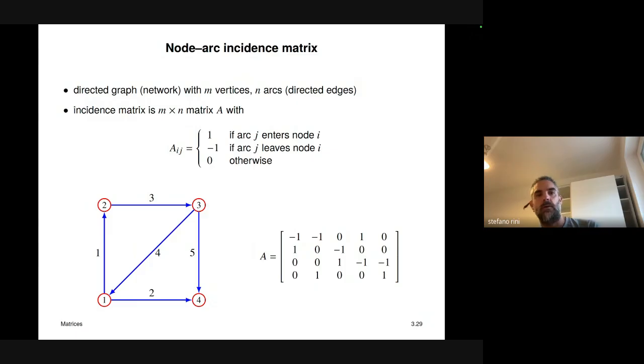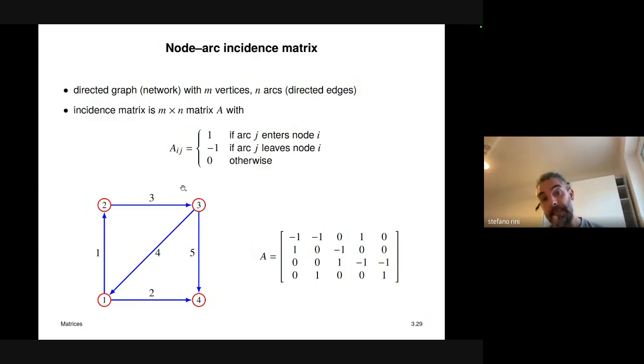So let's go back to our graph example. Here we say that we have a directed graph with m vertices and n arcs. Before, we had the adjacency matrix that told us which node was connected to which other node.